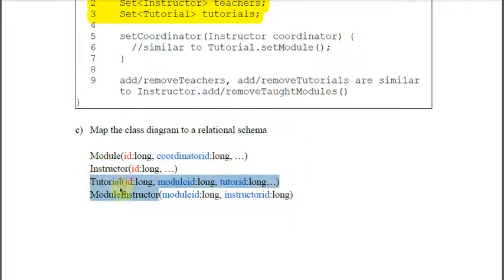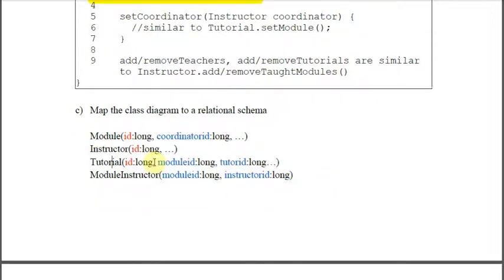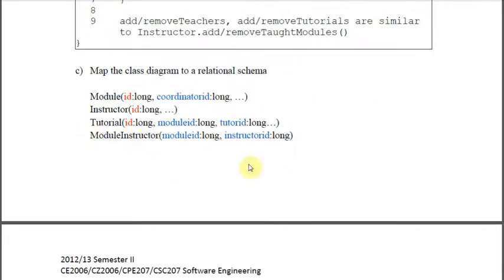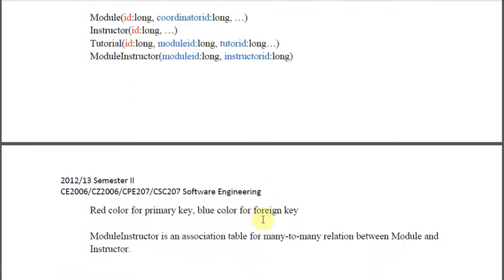For the tutorial, because a tutorial belongs to a module and has an instructor, it has a module ID from module and the instructor ID from instructor. We also have a module instructor table, which is for the many-to-many relation between module and instructor, where the module ID is from module and the instructor ID is from instructor.